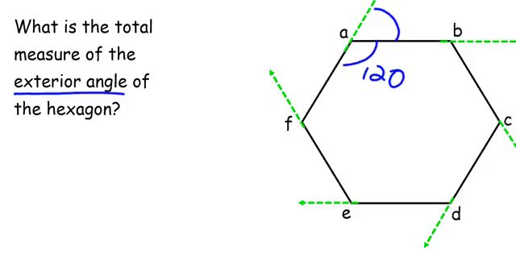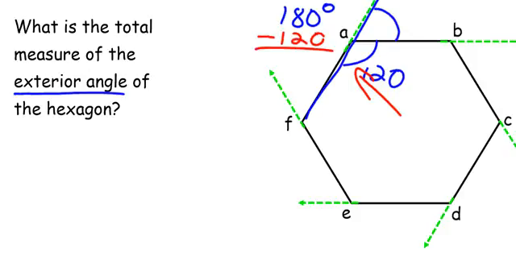So how are we going to solve this? Someone just shouted supplementary angles at me. I hope no one's looking at you funny because you're shouting at a computer, but yeah, exactly. They are supplementary angles. Because this line is going this way and it continues on going that way, that would be a straight line. We know a straight line has a measure of 180 degrees. And if this part of the line is 120, that means we would subtract 120, the interior angle, from 180 to get our exterior angle.